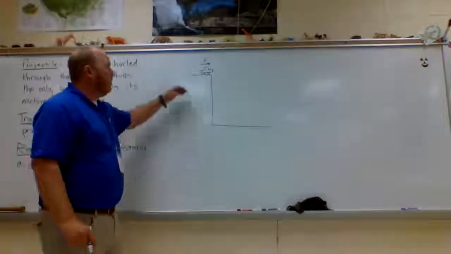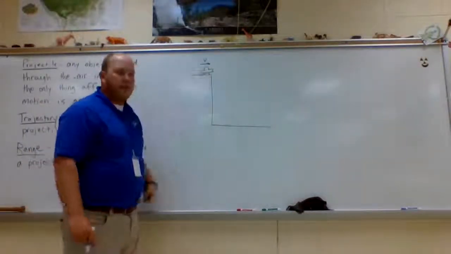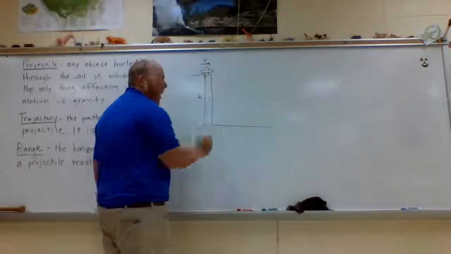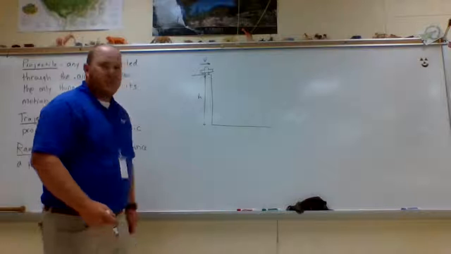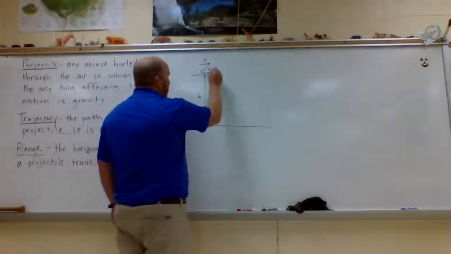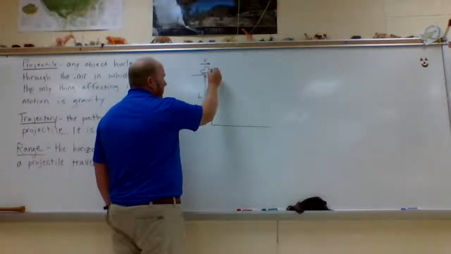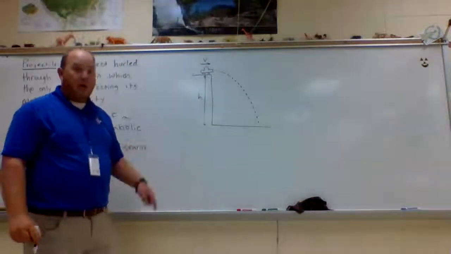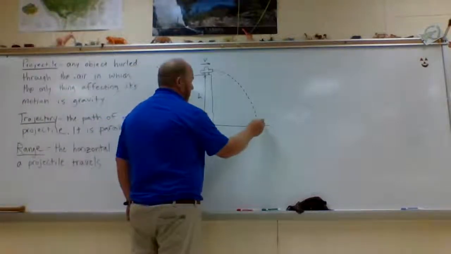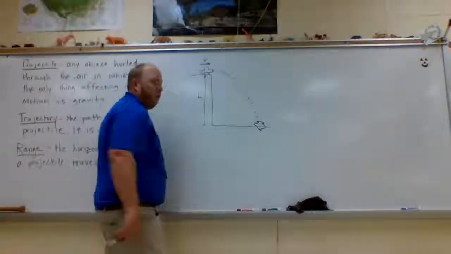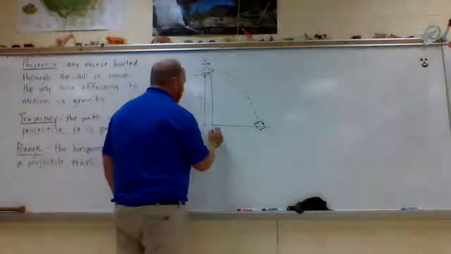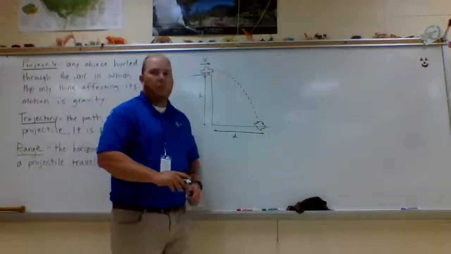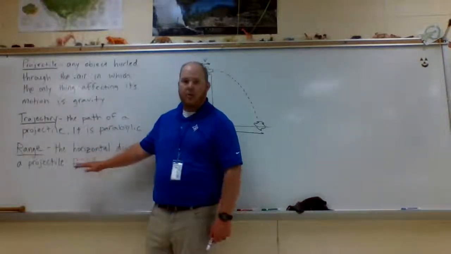That car had some velocity, some speed as it was driving off the cliff. And that cliff is so high, call it a height of H. And as soon as it leaves the cliff, it falls in a parabolic path into some crash. And that crash is some distance d away, which would be the range.